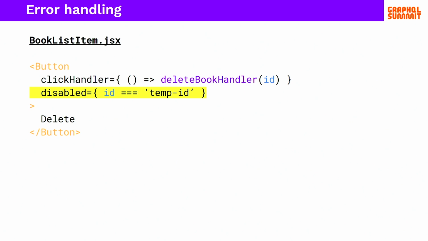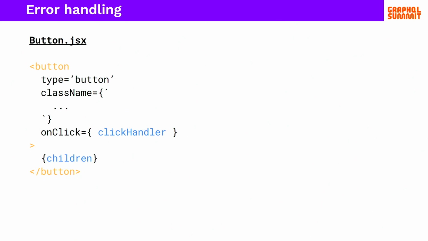And so all we do here is add in some Boolean logic to determine whether or not we're going to disable those buttons. And then over in our button component, we're going to add in the disabled attribute, and we're also going to update our classes so that our component actually renders as disabled.